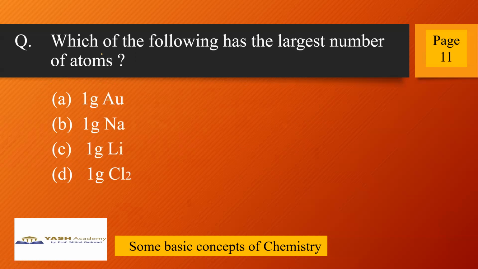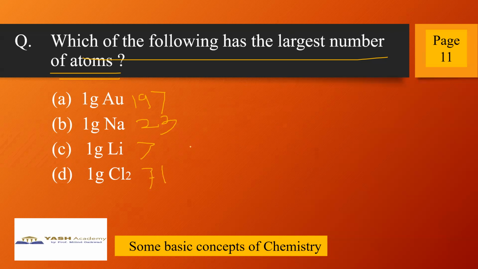Next, from the same chapter, some basic concepts of chemistry, page 11. Which of the following has the largest number of atoms? So 1 gram of Au, you should know the atomic weights: 197, 23, 7, and 71. Avogadro's number is 6.022 into 10 raised to 23.